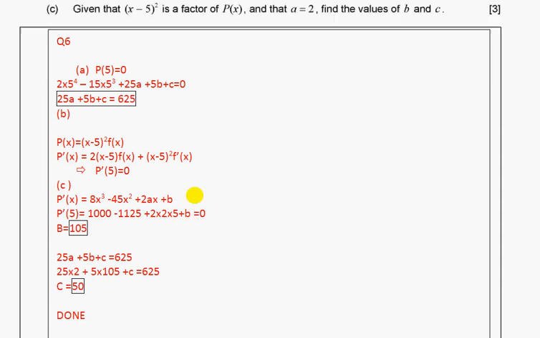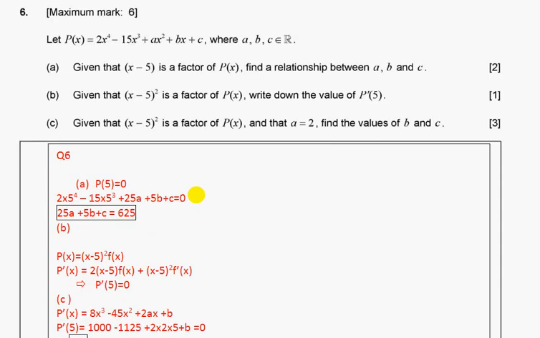I think they made a mistake here. Right.